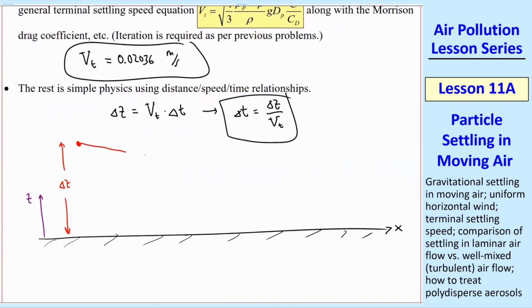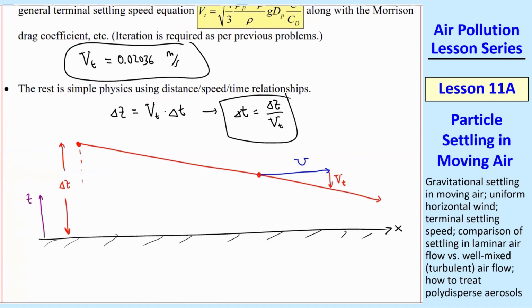Now it's actually falling in a path like this, a straight line that, as we've drawn many times now, has a component in the horizontal direction U and a component in the vertical direction VT. So that's the path of the particle, but we can separate out the X and the Z directions. So the particle is essentially just falling at VT to the ground. It's also moving to the right. It'll eventually hit the ground at some distance X to the right here, but I didn't ask for that. All I asked for was how long it takes for it to hit the ground.